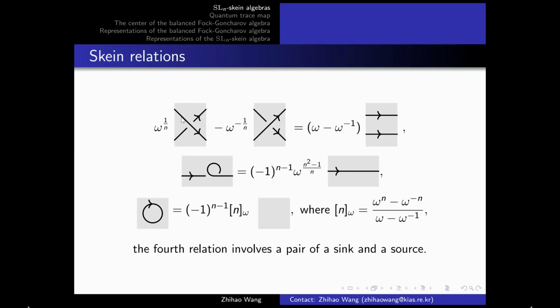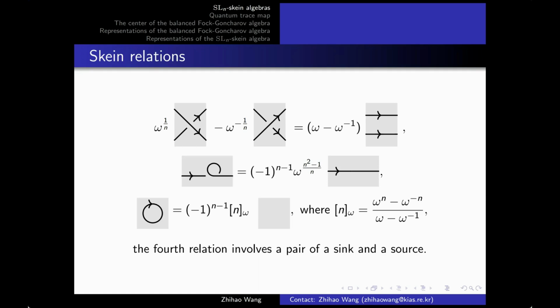For example, for the first relation, we have three webs: the first is L1, the second is L2, and the third is L3. Outside of this open cube, all three webs are identical to each other. Inside the open cube, L1 looks like this, L2 looks like this, and L3 looks like this. This relation means this complex number times L1 minus this complex number times L2 equals this complex number times L3. This is how we understand the relation.